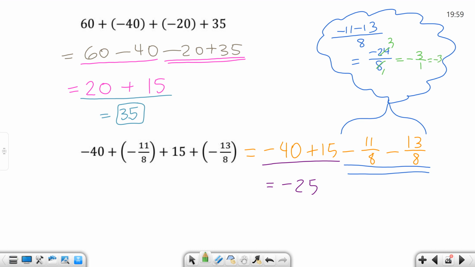We put negative 3. Then I take this negative 3 and just tack it on right here. All of this became negative 3. So now I have negative 25 minus 3. When they're both negative, I add those together and get 28 and keep it negative.